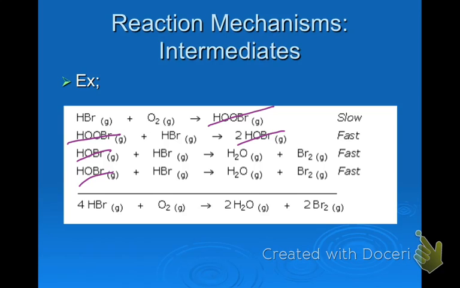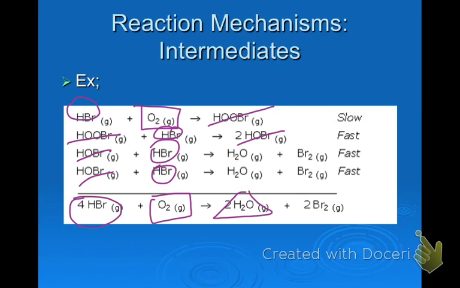And then, as I said, combine, so you have 1, 2, 3, 4 HBr's and O2. You've got your 2 waters right here, and your 2 Br2's right here. So if you combine everything that happens in those 4 elementary steps, you get the overall equation, but each step occurs with only 2 molecules having to collide.